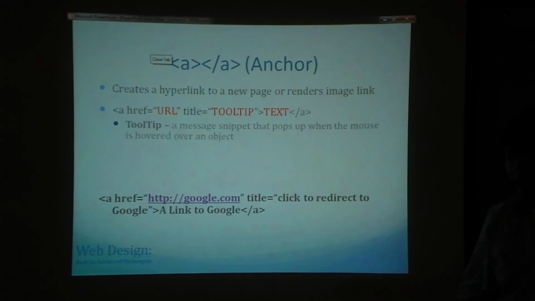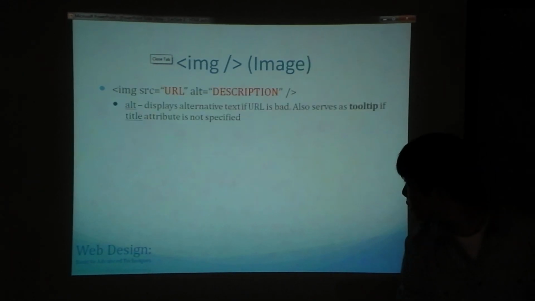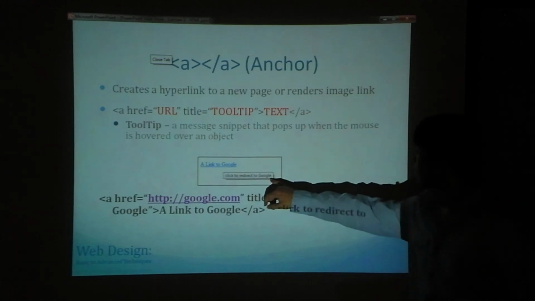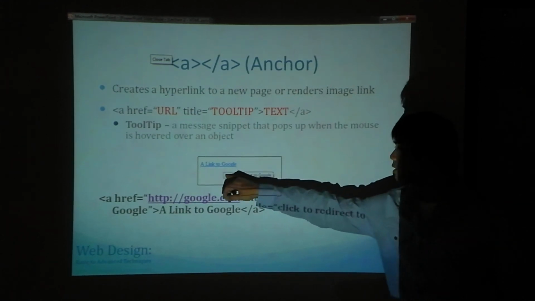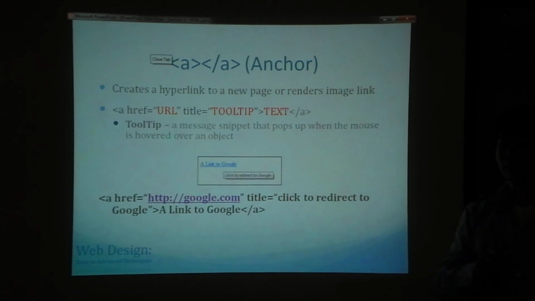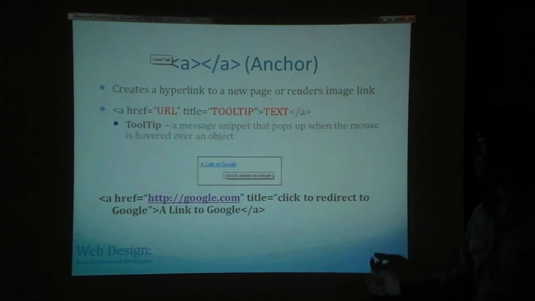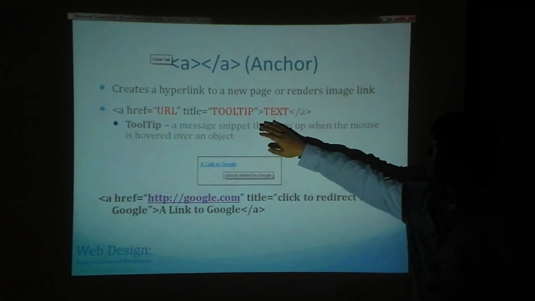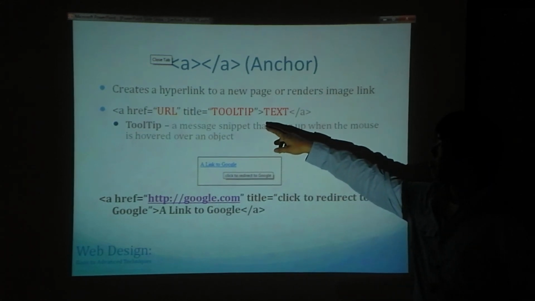What a tooltip is, in this picture, is this sort of box that shows up whenever you hover over a link. That's usually implemented with programs on your desktop, but it's also implemented with web pages, so you can change these titles.